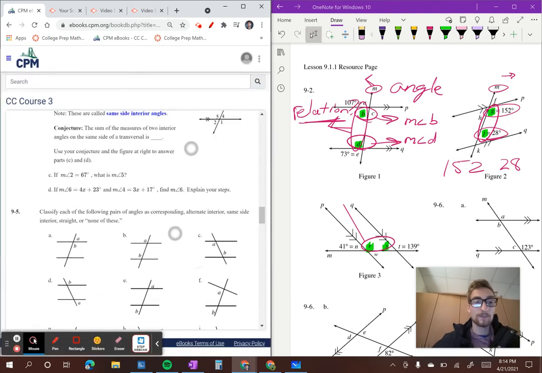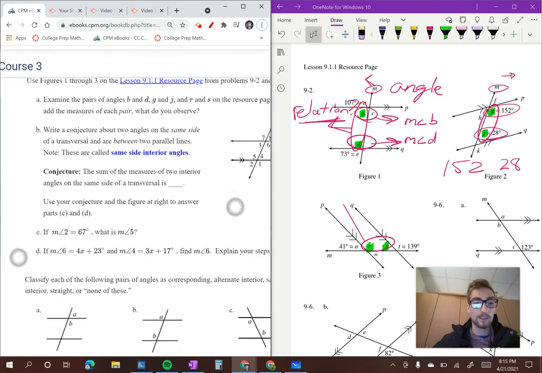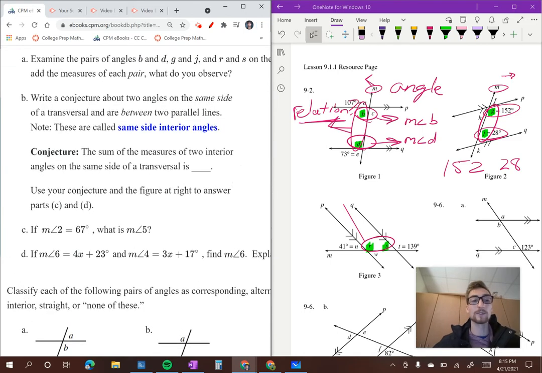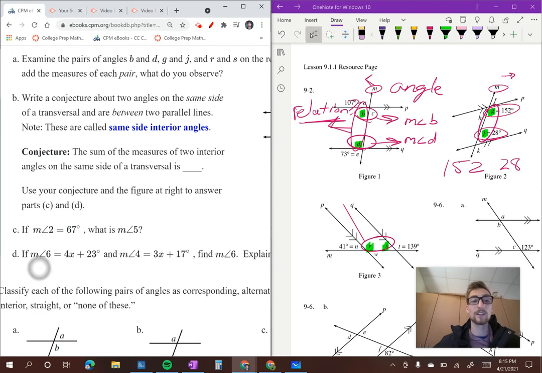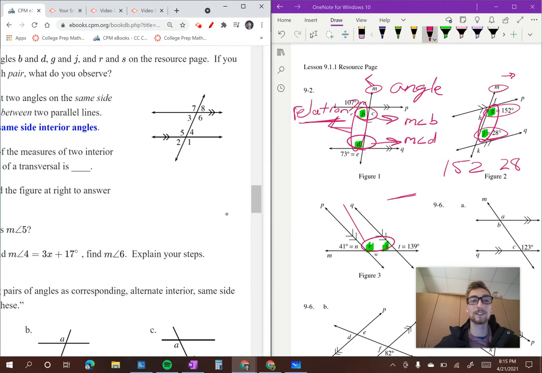And then it says, after you make your conjecture, if the measure of angle 2 is 67 degrees, what is the measure of angle 5? I noticed that there's no measure of angle 2 over here, and there's also no angle 5, so I need to look over here at this diagram in the book, okay? So kind of flipping scripts here over to this diagram.